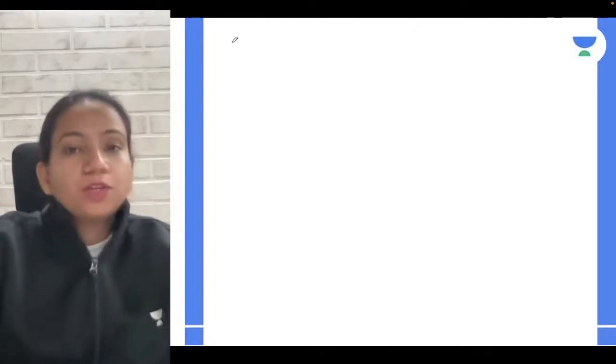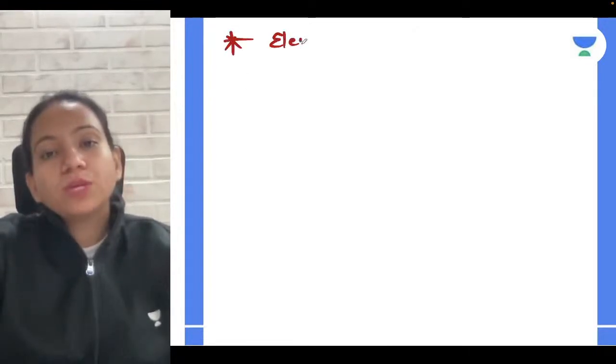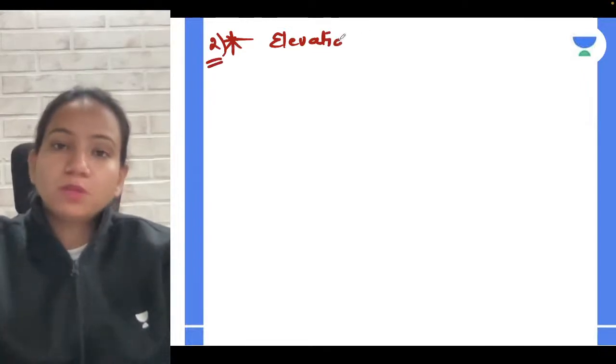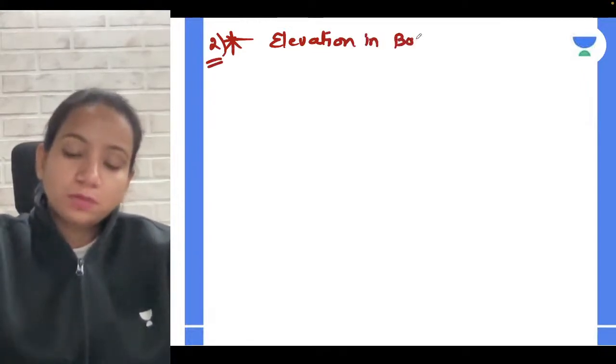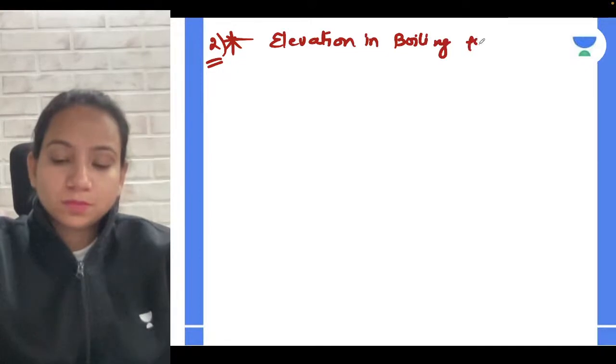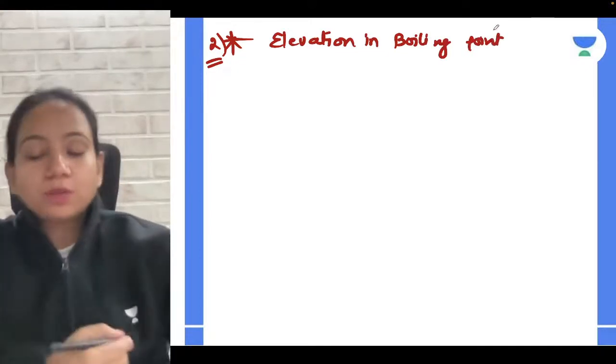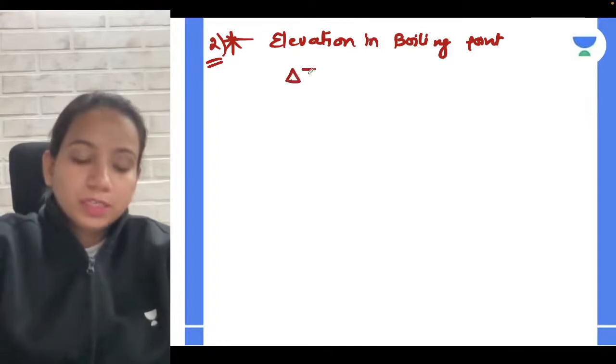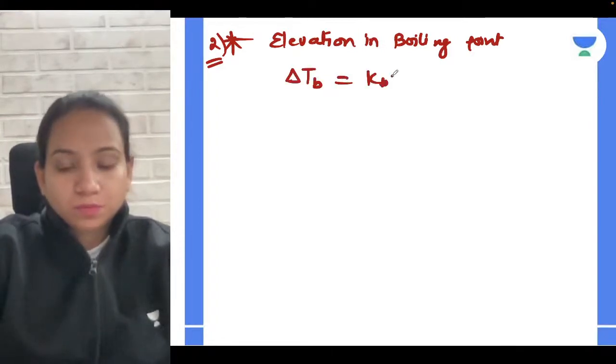Very good. Now next, elevation in boiling point, the second colligative property. What used to be the formula? It's very simple. The formula was delta TB is equal to KBM.